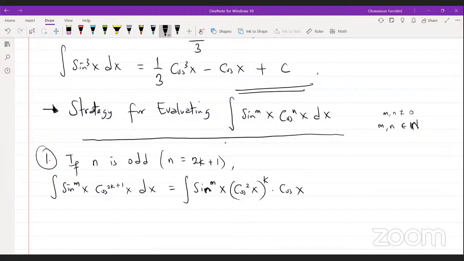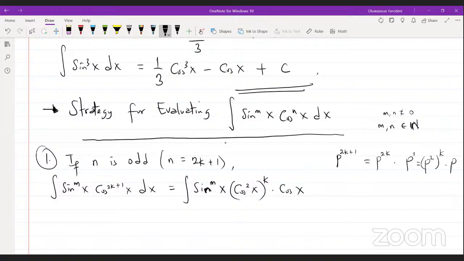Very trivially, suppose I have p to the power of 2k plus 1. Indices tell me that this is p squared to the power of k times p, and that's exactly what we just utilized.